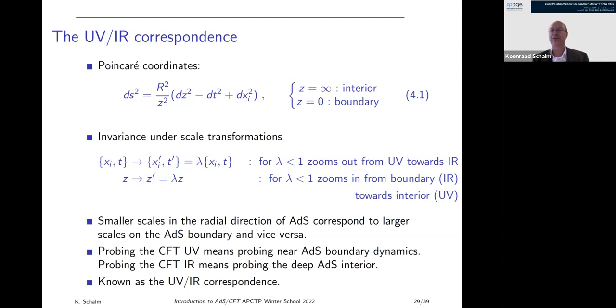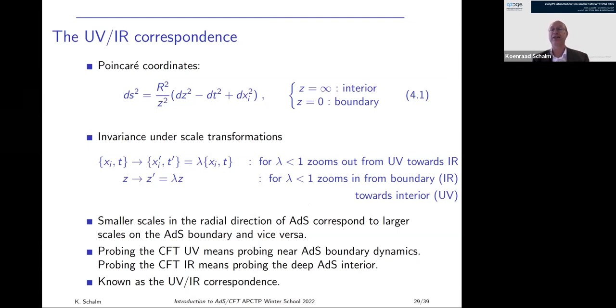And that is exactly what is meant by the UV/IR correspondence, because small scales in the radial direction correspond to the UV in the radial direction. That means that you're going towards the interior, if you think of the boundary as infinitely far away, so that's the IR. So if you go to smaller scales, that means you're going towards the UV.